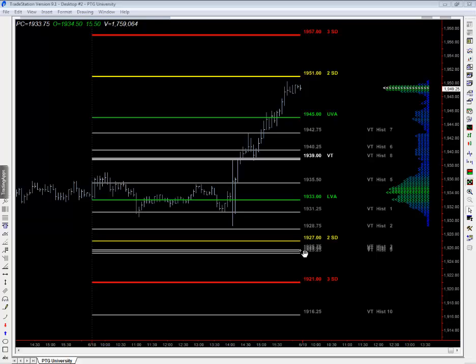So there was an overlapping zone there. So this 1926, if you understand that this is the highest volume node for the day, the volume trend at the close, this is an important level. This is an important zone. It's never one price point. It's always a zone.